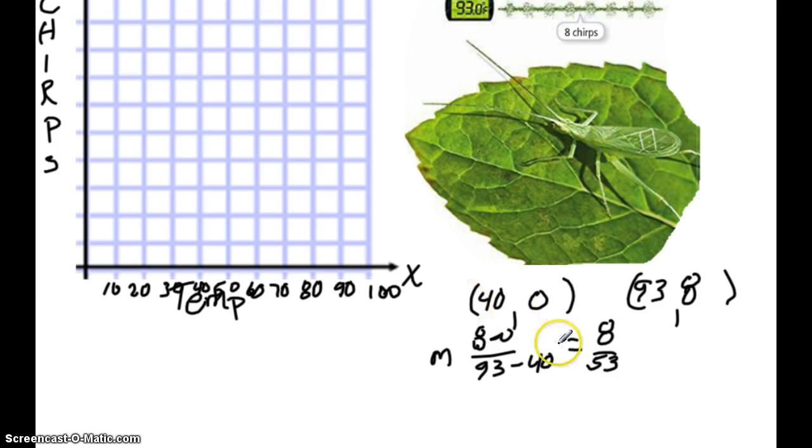Sorry about that, not 60, 30, because these are in 2-second format. So I'm going to multiply this by 30 and then this by 30. So really my coordinates are going to be 40, 30 times 0 is going to be 0, and 93, 8 times 30 is going to be 240.